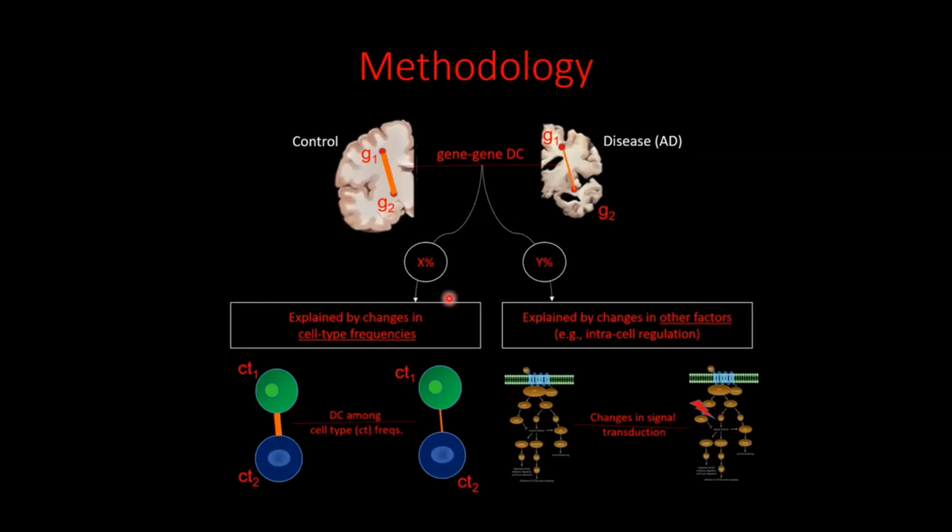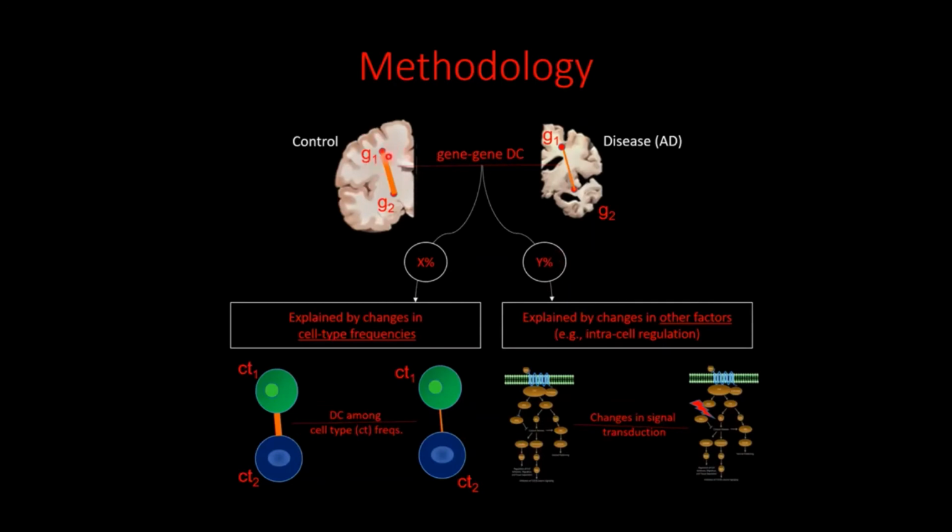So first, preliminarily, we are differentiating it into two cases: case one is gene differential correlation which is explained just by cell type frequency, and case two is everything else. So what do I mean by differential correlation explained by cell type frequency? Let's say there is gene 1.